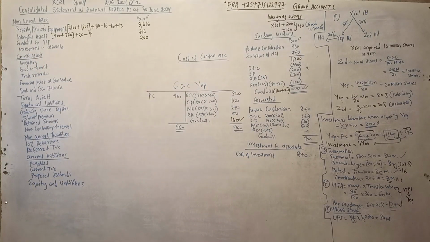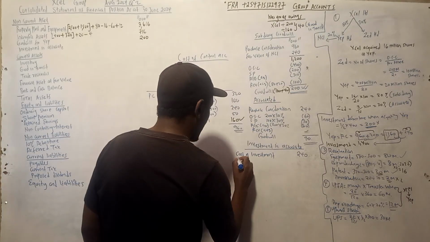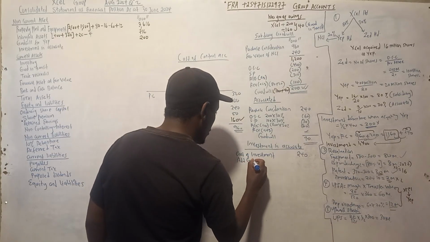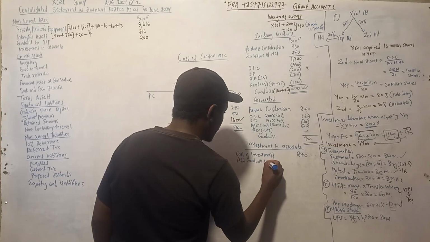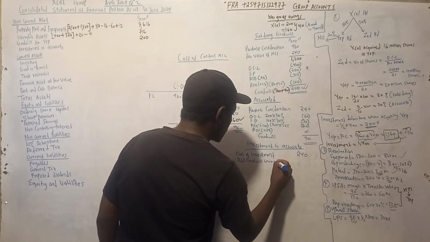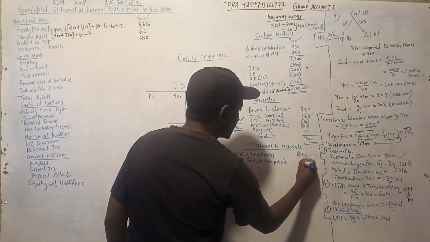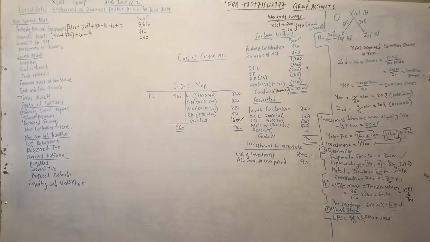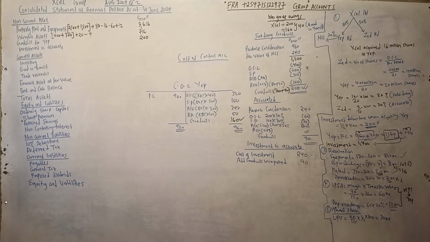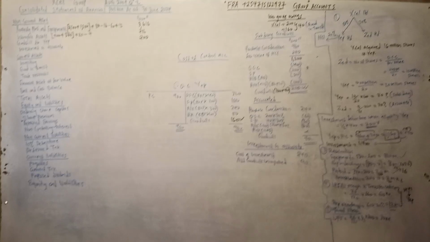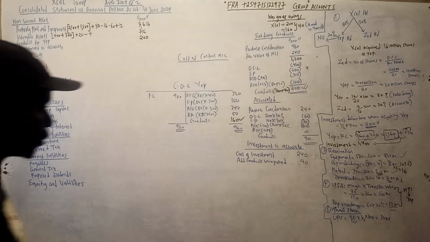Then goodwill and impaired. So we add goodwill and impaired, and it is 90. We have it there. Then you can try and look at the URP, less the URP.